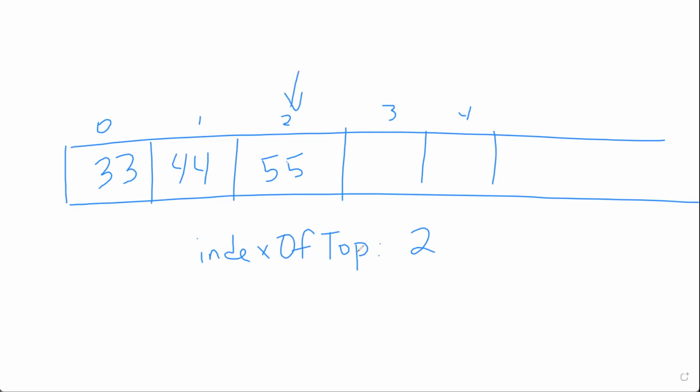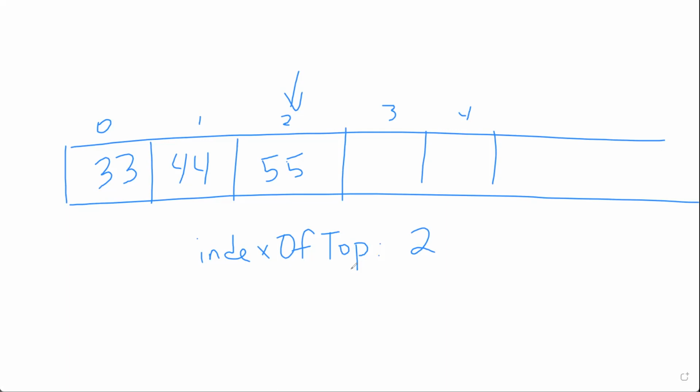So what is the size of the stack? Well, it's the index of top plus 1, and you can see that this will work. If you think about it, you'll realize this will work in all situations. No matter what the index of top is, if we just add 1 to it, that will give us the number of elements in the stack. The array itself might be much longer, but we're only interested in the elements that we have put onto the stack.